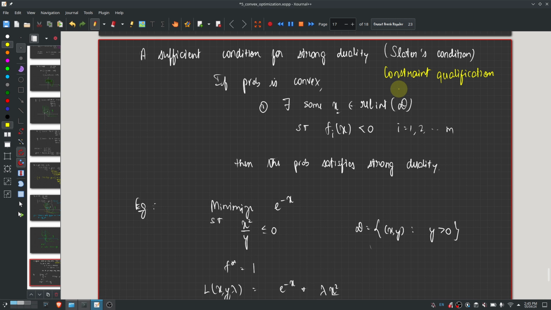Slater's condition is the most popular condition that is known, but you can have many other constraint qualifications for different optimization problems. While we've stated it for convex optimization problems, there are also very specific subclasses of non-convex optimization problems where if Slater's condition holds, then strong duality also holds. But these are very specialized and we will not explore them in any detail.